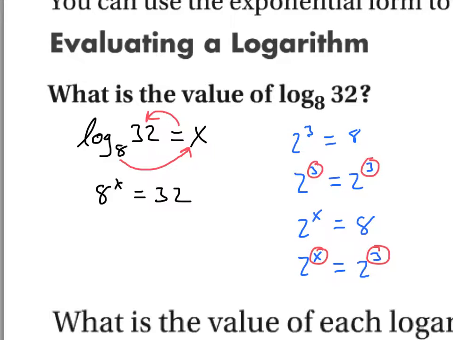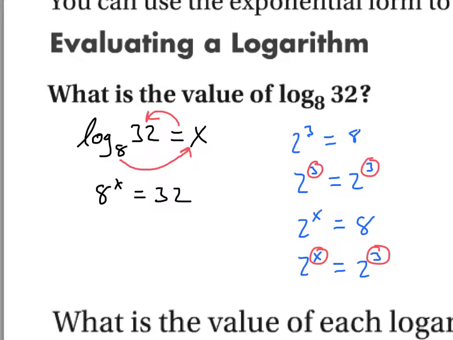So if, in an equation, you have the same base across the equal sign, that means the exponents must be equal. Doesn't that kind of make sense? 2 to the x power equals 2 to the third power, therefore x has to equal 3, right?